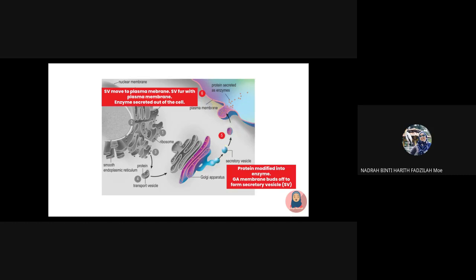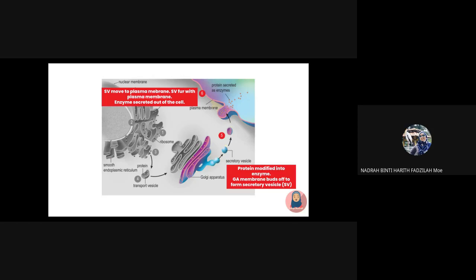Itu salah saya lah. Secretory vesicle combine with plasma membrane. Bila secretory vesicle combine dengan plasma membrane, apa saja yang dibawa oleh secretory vesicle tu akan dibebaskan keluar daripada sel. So it is now known as extracellular enzyme.